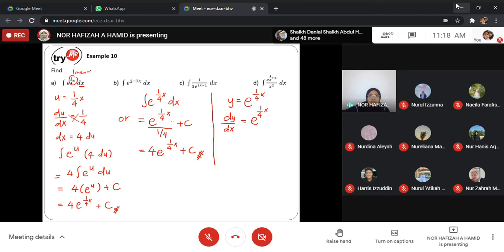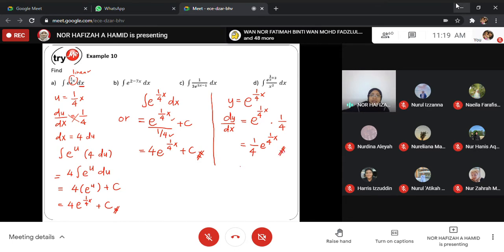Then the next step is also the same: you differentiate the power, 1 over 4. For integration, after you differentiate, you put 1 over 4 in the denominator. But for differentiation, you multiply by 1 over 4. So when you differentiate, the answer is 1 over 4 e to the power of 1 over 4x.